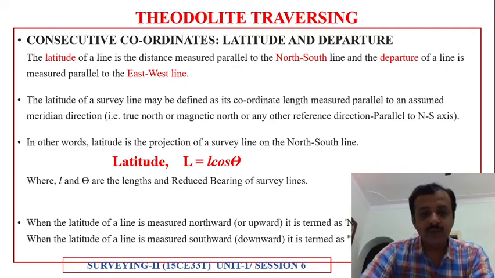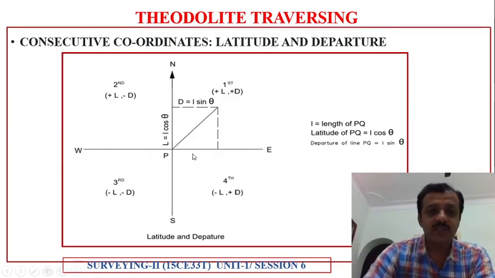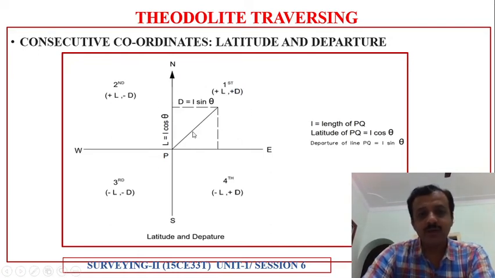When the latitude of a line is measured northward, it is termed northing and it is positive. When the latitude of a line is measured southward, that is downward, it is called southing and it is negative. You can see this in the diagram: the first quadrant, second quadrant, third quadrant and fourth quadrant. This is the quadrantal system.